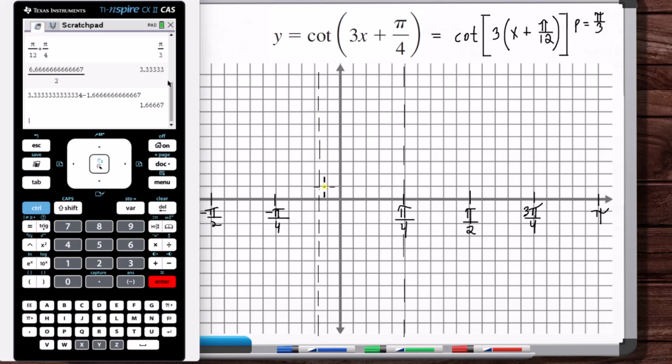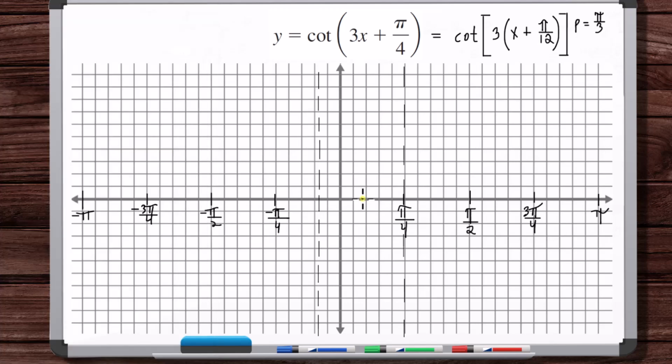So 1 2/3, there's the midpoint. Okay, now this is cotangent, and there's no flipping, so we know it's going to be something like that. Now let's plug in the quarter point and the 3/4 point.